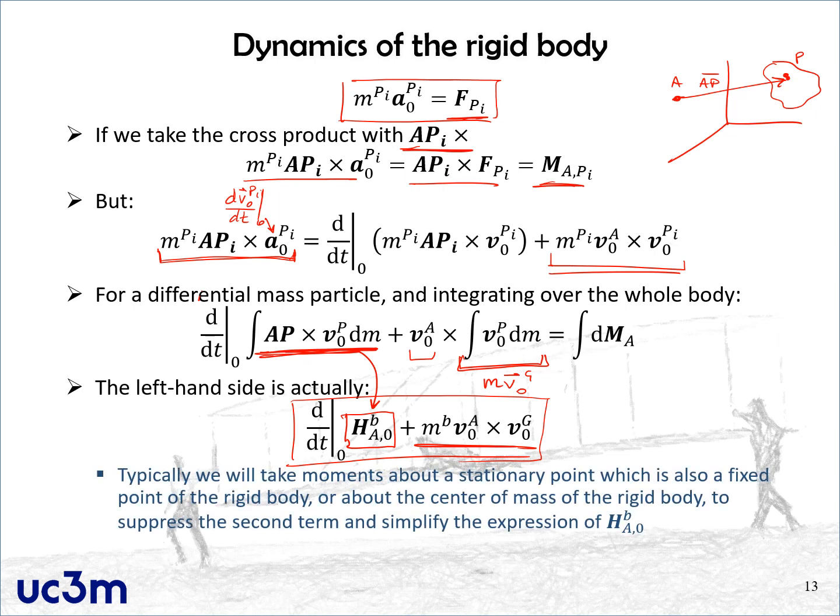Okay, so if we take a point which is a fixed stationary point of the rigid body, then this will not appear. All right. Another possibility is to take the center of mass, because then we have that A is equal to G, right? So we have velocity of G times the velocity of G, and it also vanishes.